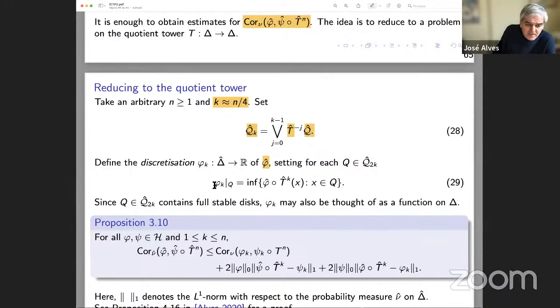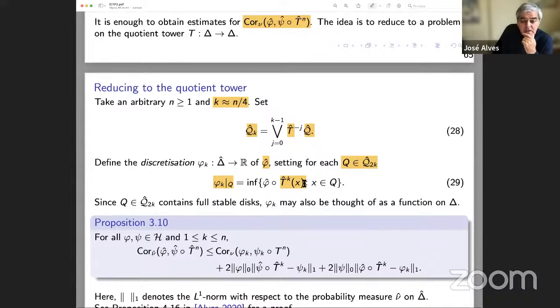So how do we define it? We consider an element Q in the refinement of order 2k. See that I'm taking 2k, the refinement of order 2k, and I define phi k restricted to that element Q as the infimum. So we consider the kth images of points in Q, and we evaluate phi hat on that.